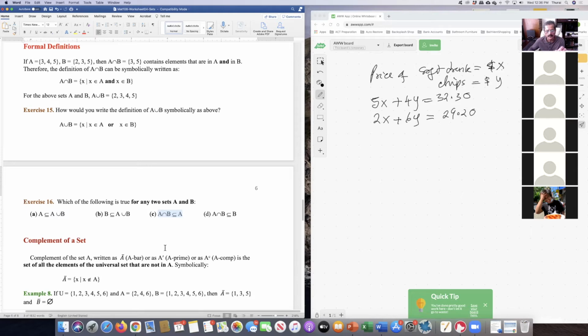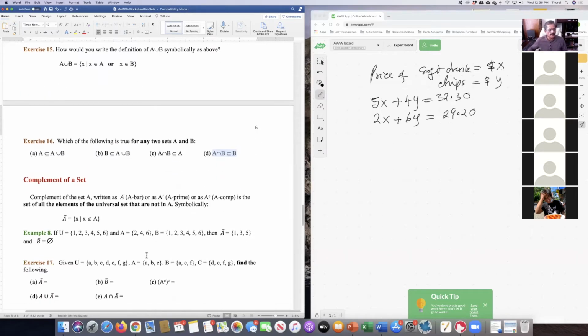A intersection B is going to be elements that are in A and B, so they had to be in A. Everything in the intersection must be in A. That's always true for any sets A, B. Is this true for any 2 sets A and B? Yes. So all these 4 statements I have written here are true for any 2 sets A and B, no matter what they are.